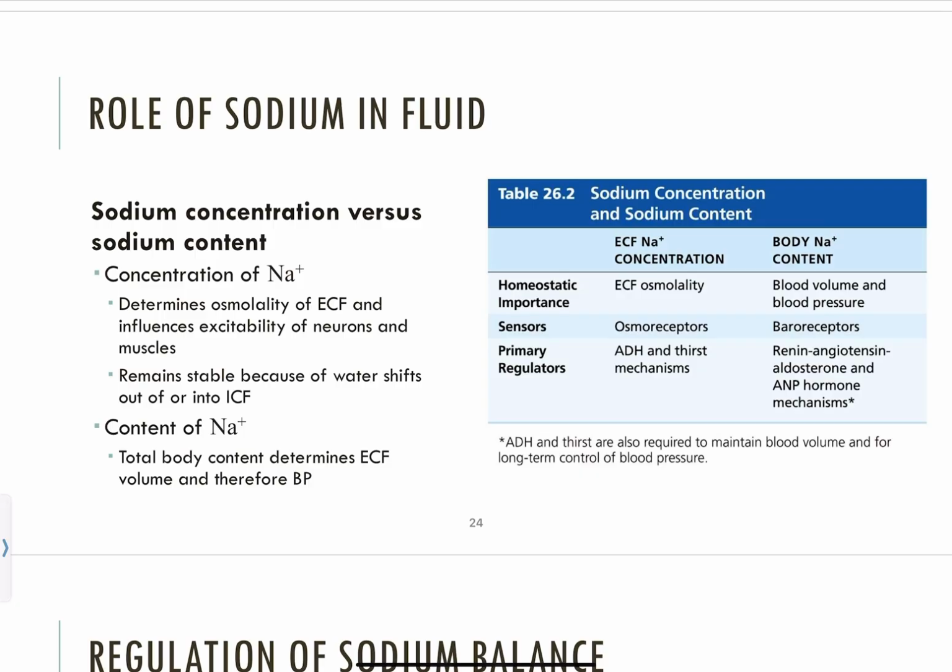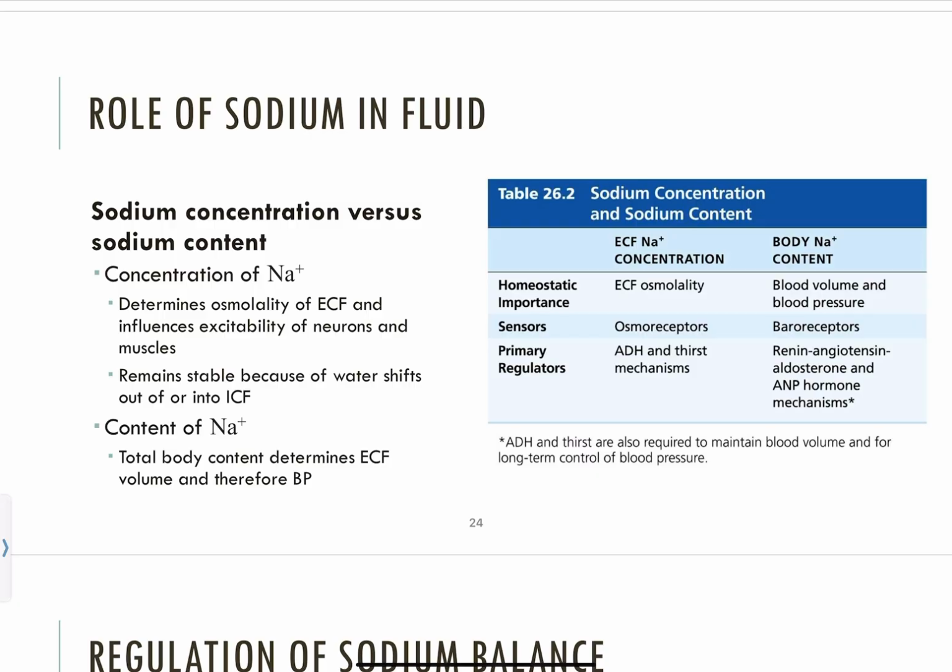Thirst mechanisms can also play a role. So we can either inhibit or cause the release of ADH and inhibit or activate our thirst mechanisms in order to control sodium concentration. For overall content we can't really use ADH, because the only thing that we can move is water.